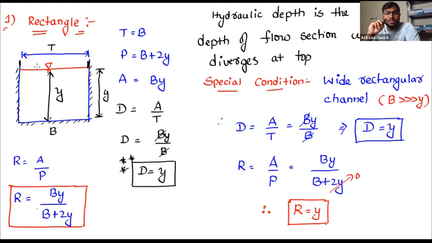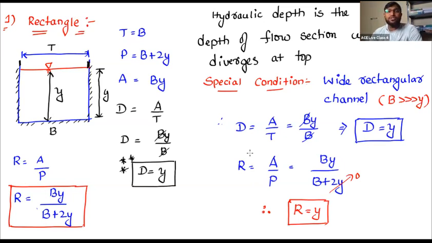Because if the cross section changes, the wetted perimeter changes. When the wetted perimeter decreases, the hydraulic radius increases. When the wetted perimeter increases, the hydraulic radius will decrease. So this hydraulic radius will give us an account to study the head losses due to friction.